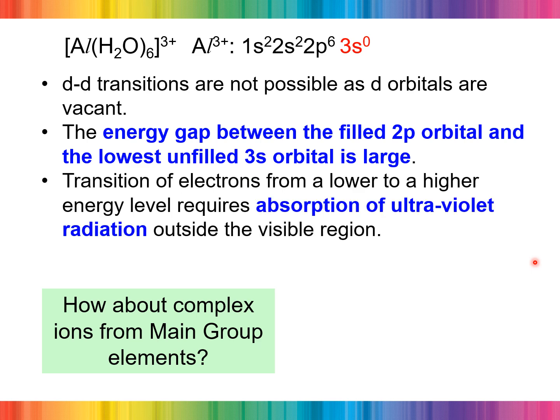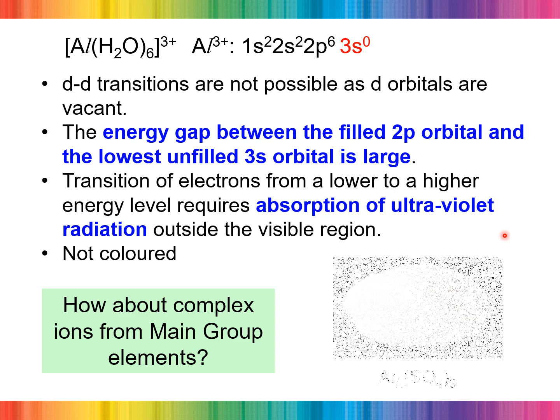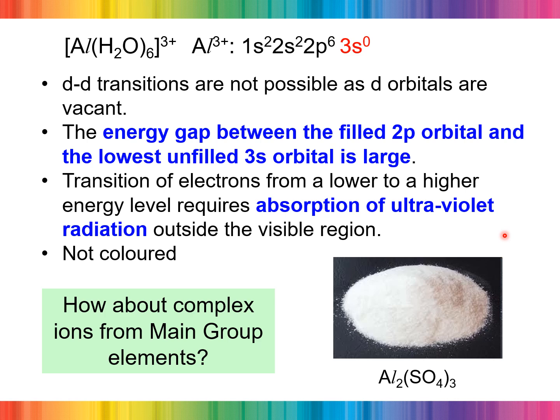If you want to transit your electrons from 2p to 3s, it requires the absorption of much higher energy radiation, which means ultraviolet radiation already, and that is outside of the visible region. Hence, under white light, it will not be colored, so it looks white to us.